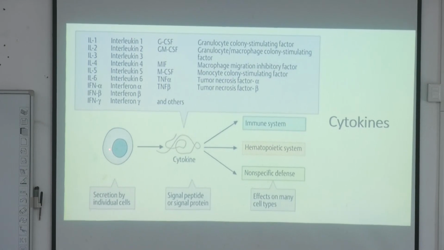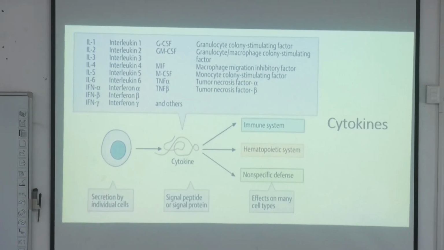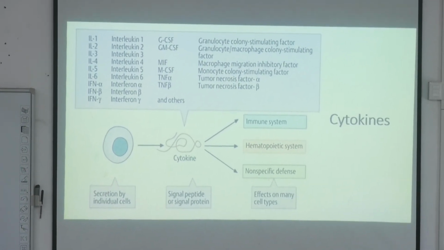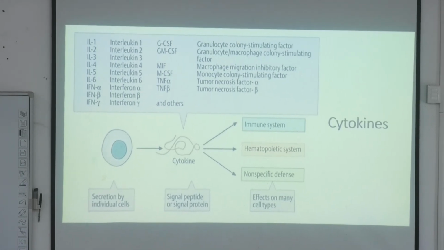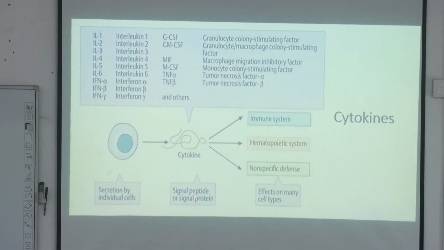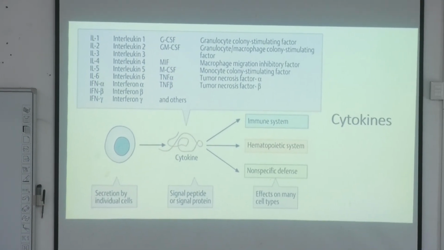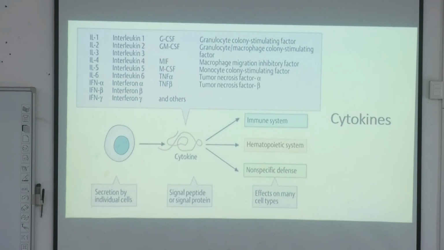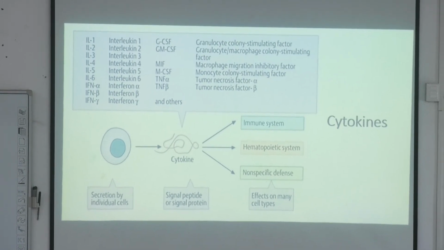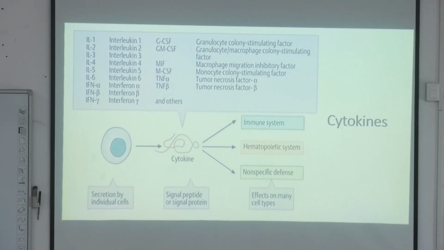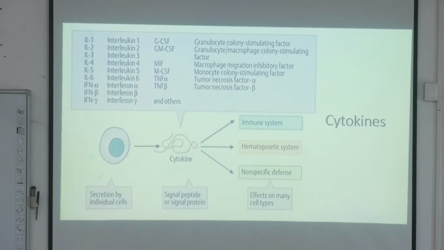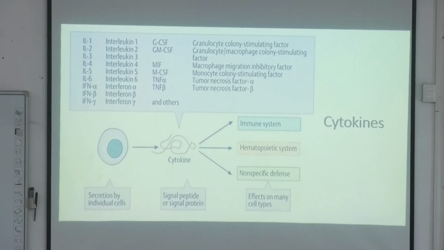They are secreted by individual cells like endothelial cells, leukocytes, and macrophages. These cytokines, signal peptides or signal proteins, on their release accelerate the secretion of other chemicals from other cells, like a chain reaction.